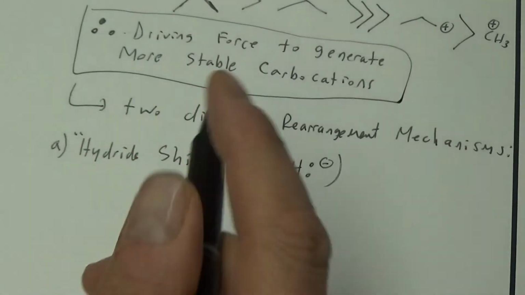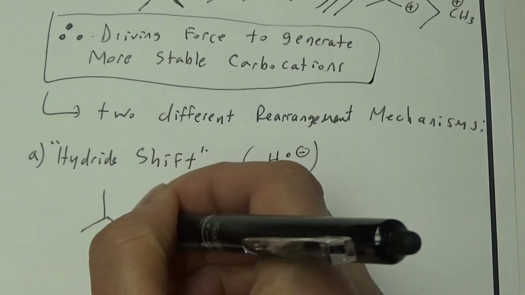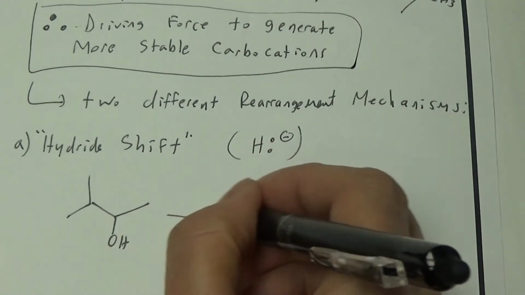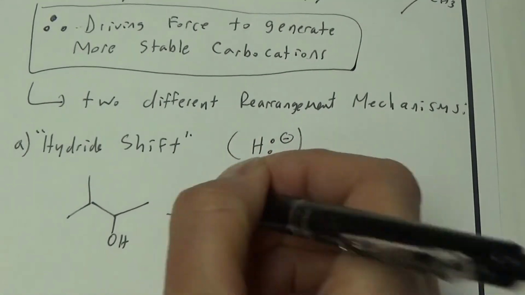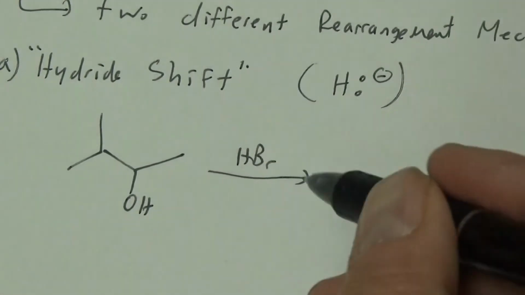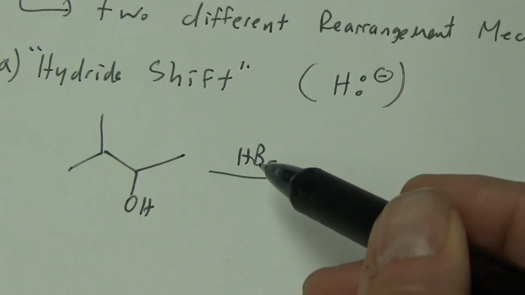So what's an example of this? If we have this secondary alcohol and we react it with HBr, given what we just talked about, the alcohol gets a proton, maybe makes a carbocation, and then Br minus attacks.